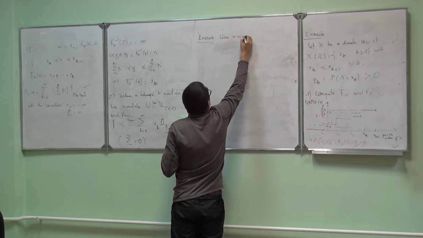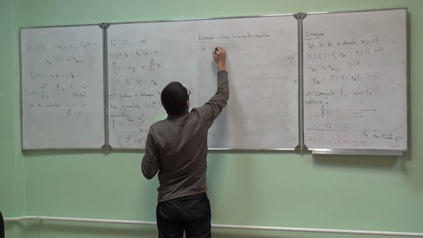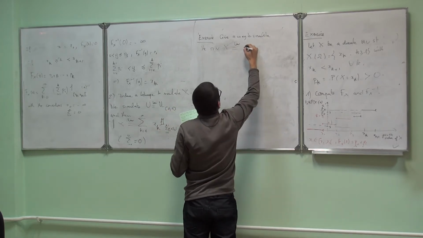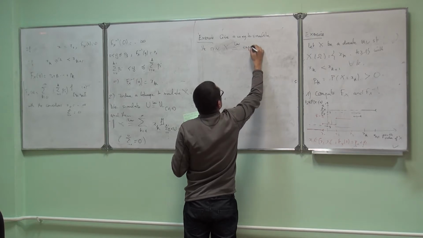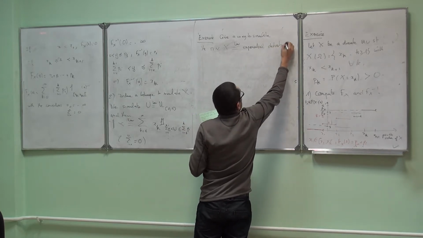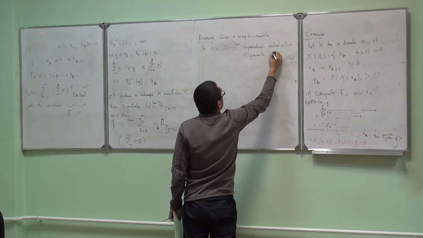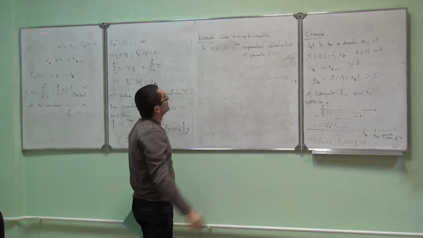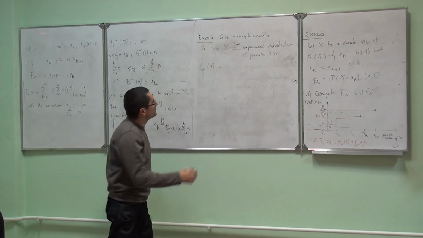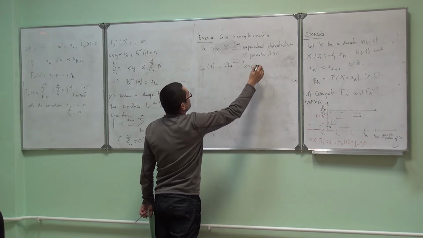Give a way to simulate the random variable X equals in law the exponential distribution of parameter lambda strictly positive. That is, we have f_X(x), the density function of X, given by lambda exponential of minus lambda x, indicator function of x positive. Okay.